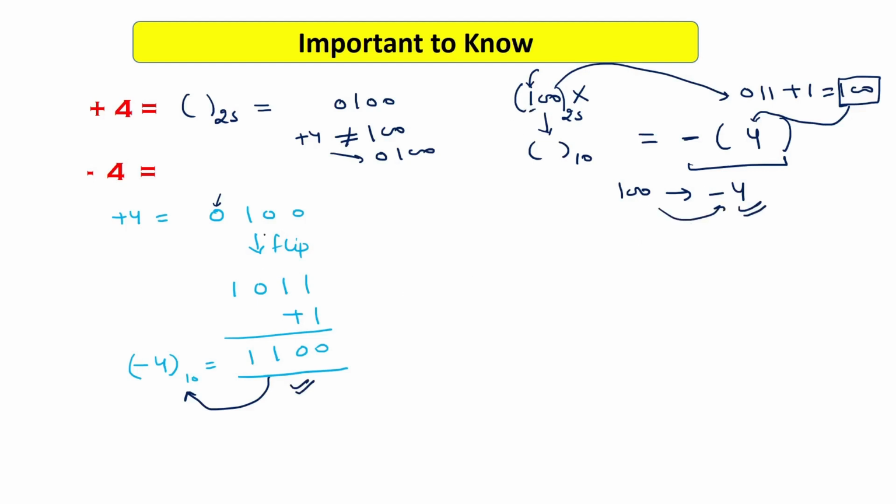So the thing is, here we have got the answer in 3 bits, and here we have got the answer in 4 bits. For example, when you were representing plus 4 as 1 0 0 and you do not put the extra 0, and you simply flip it to 0 1 1 and then add 1, you get 1 0 0, and you say this is minus 4.